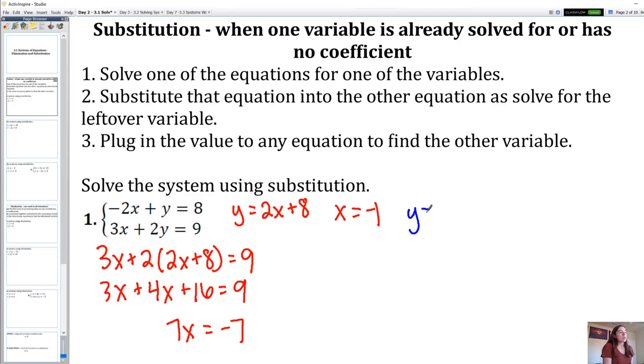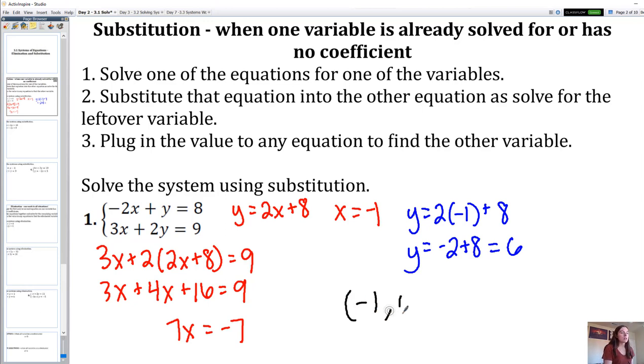So then y equals 2 times negative 1, which we just found, plus 8, which is negative 2 plus 8, giving us 6. That's our value of y. That means the solution to this system, the place where these two lines are going to intersect, is at the point negative 1, 6. And if you want to graph these two equations, just to check, you can do that, but you can also do it algebraically.